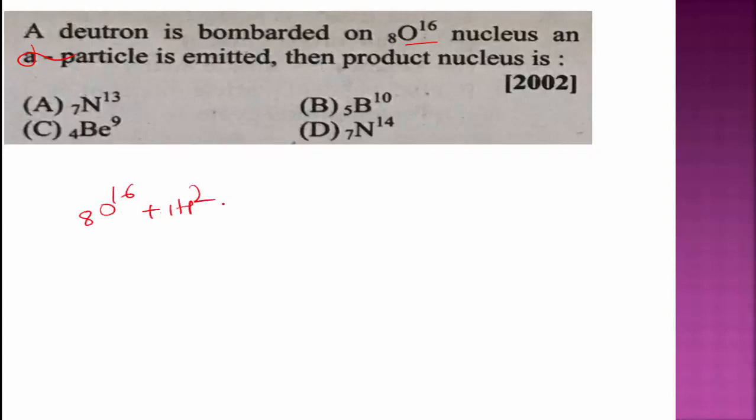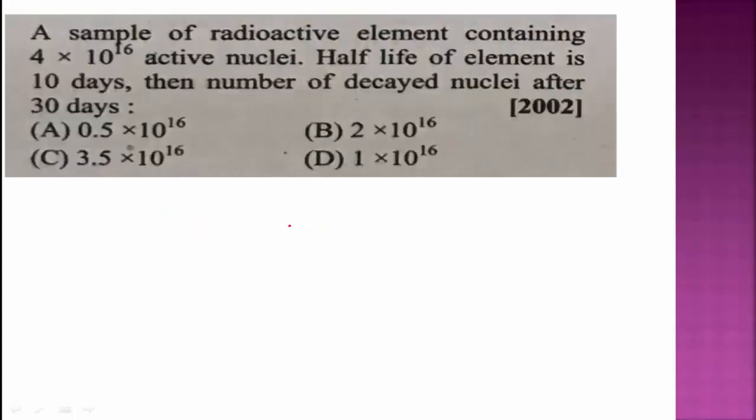Alpha particle is emitted. 16 plus 2 is 18. 18 minus 4, that is 14. That element is 7N14. 8 minus 1 is 7. The new element is 7N14. The option D is the right answer.